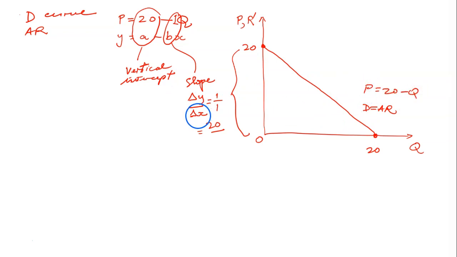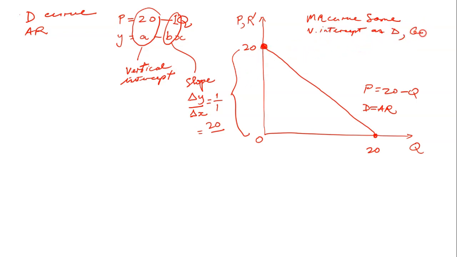Now we want to put in the marginal revenue curve. If we didn't know anything else, you at least know this: the marginal revenue curve will have the same vertical intercept as the demand curve. So it's going to start at the same point.